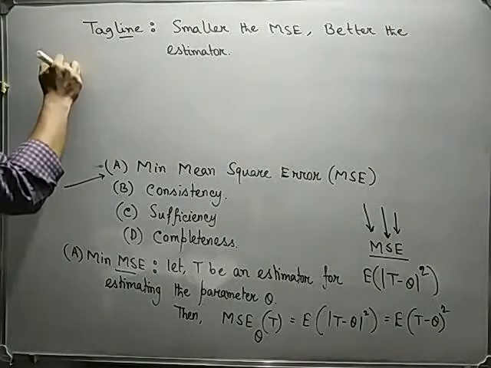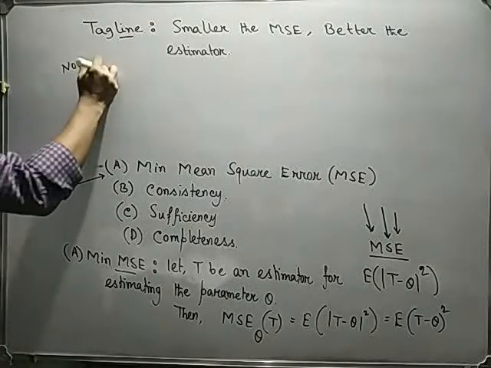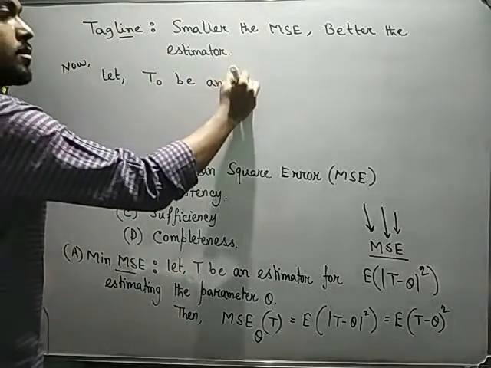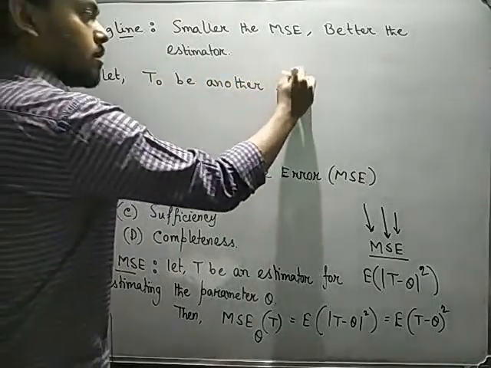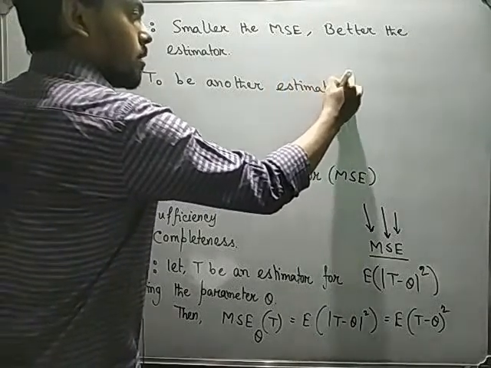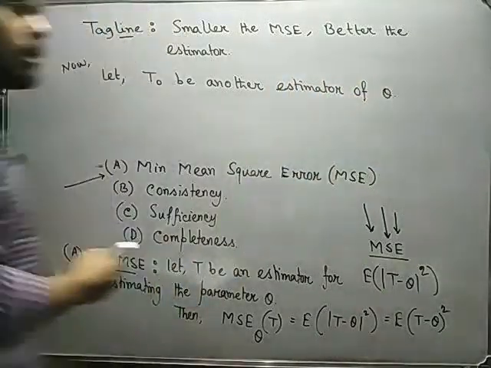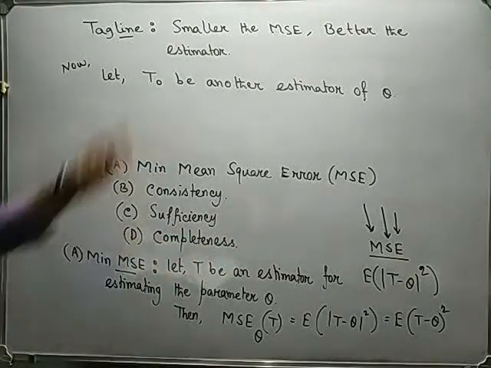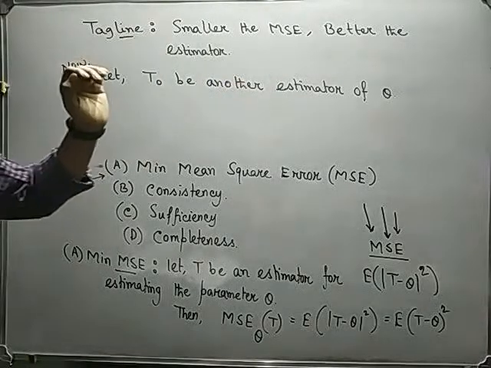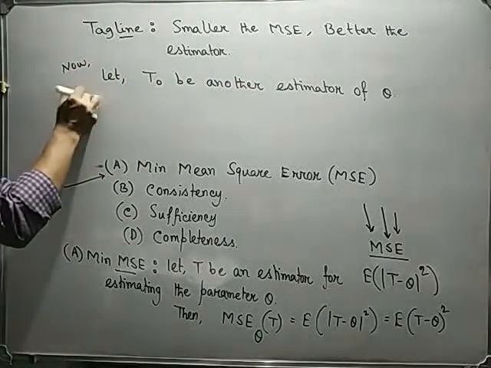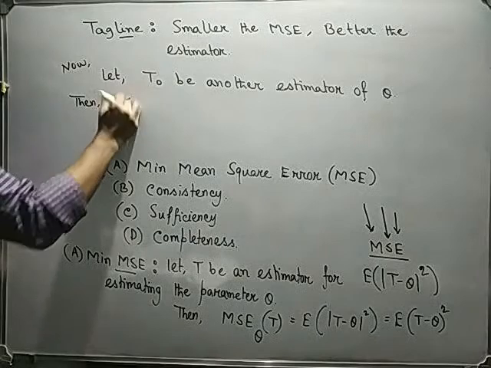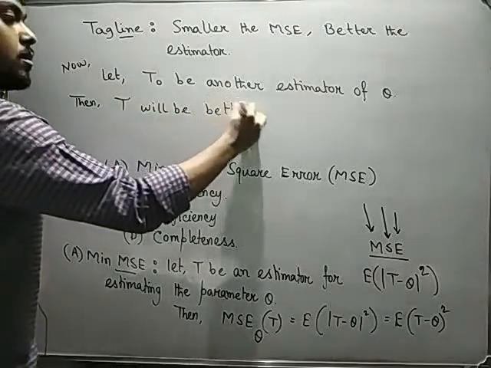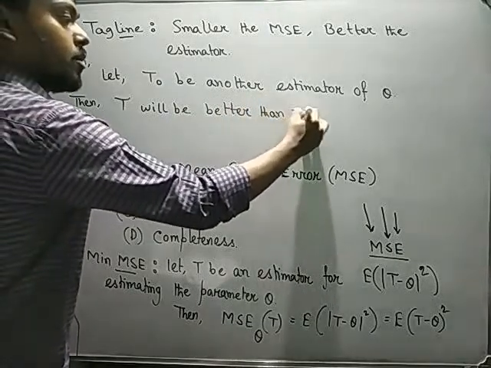Now let capital T naught be another estimator of theta. So capital T is an estimator of theta and capital T naught is another estimator of theta. Then capital T will be better than capital T naught.